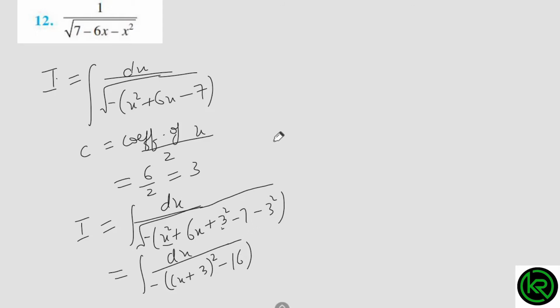Okay, and after this we are getting I equals ∫dx, and minus will go inside, and we are getting 16, we can write as 4². It will be plus because minus will multiply with minus, minus minus plus, and minus (x + 3)².